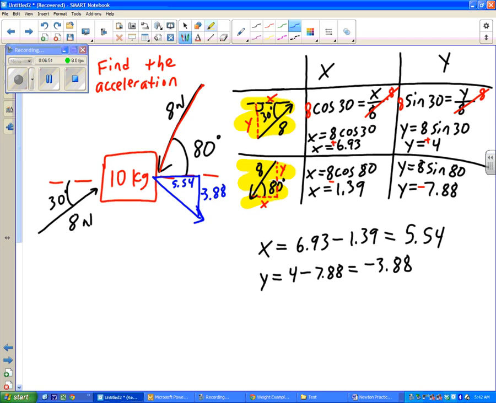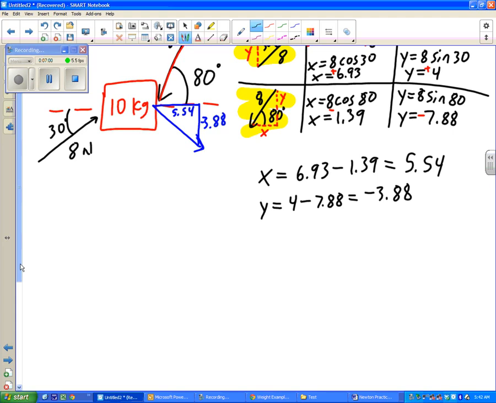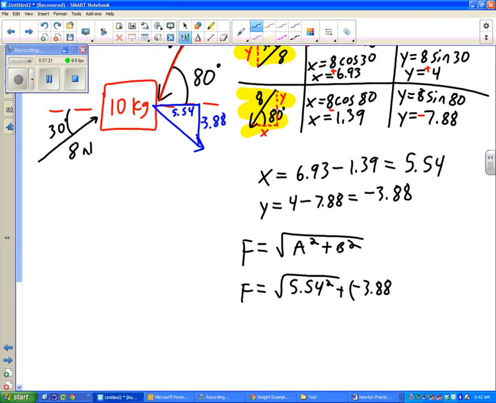So to find this hypotenuse, I have the x and the y, so I am simply going to use the Pythagorean theorem. So my final force is going to be equal to the square root of a squared plus b squared. It's going to be equal to the square root of 5.54 squared plus negative 3.88 squared.